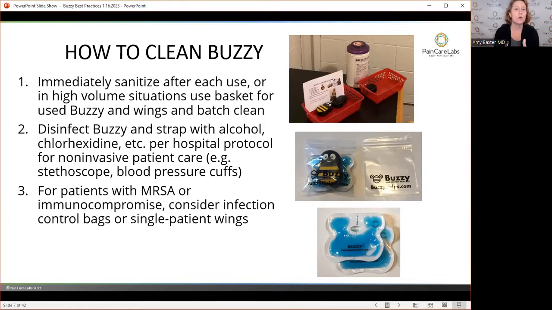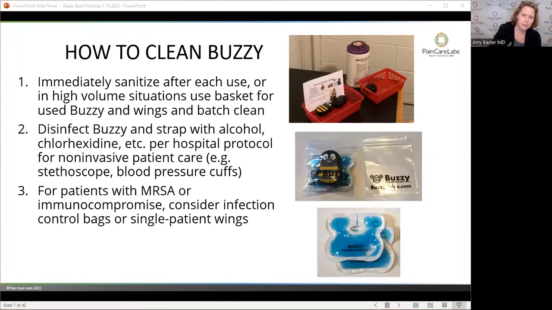And then once it's full or you need more, then you'll clean all of them in a batch. You're going to use the same hospital protocols as you would for a stethoscope or a sphygmomanometer, a blood pressure cuff, anything that is not involved in fluids or bodily concerning, any blood. You can certainly use bleach. Whatever your hospital uses is perfectly acceptable to use. The high-grade medical plastic that's used in Buzzy can withstand any kind of intense cleansing uses.